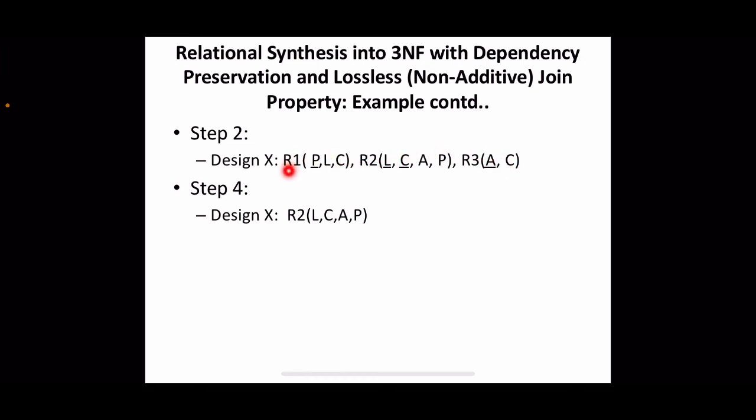Like that, R1 also contains 3 attributes which are there in R2. So R1 is subsumed by R2 and R3 is also subsumed by R2. That means R1 and R3 are redundant. We can just eliminate those two relation schemas. The final design will contain only one relation schema R2 with 4 attributes L, C, A and P, in which L and C will be the key.